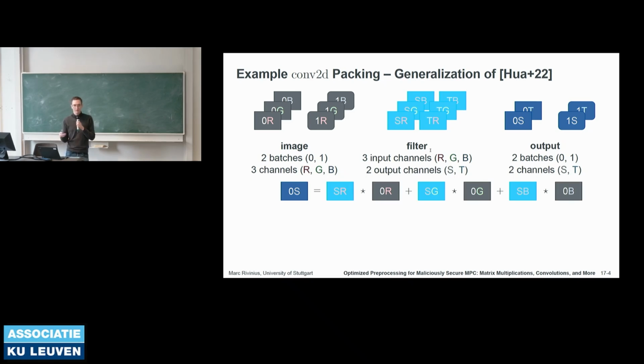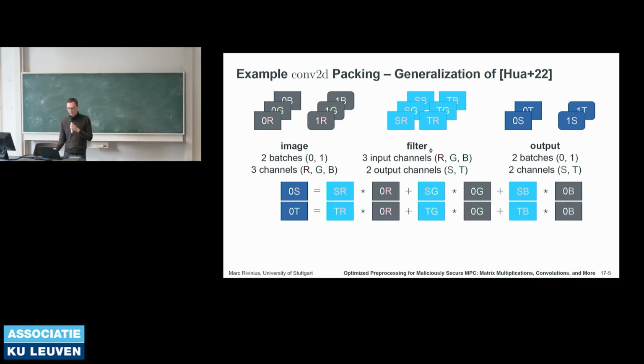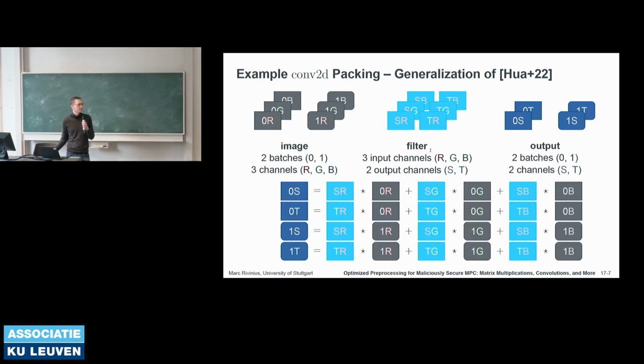Basically what you want to compute are individual 2D convolutions where these channels match, and then sum them up as well to get one of the output channels, one of the output images. And then you just do that for all of them.